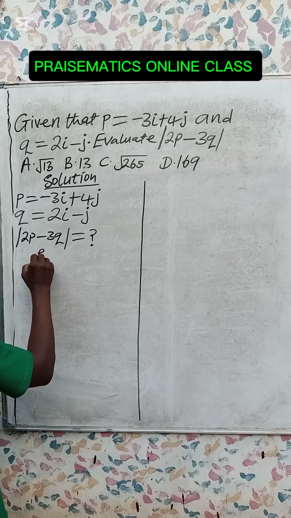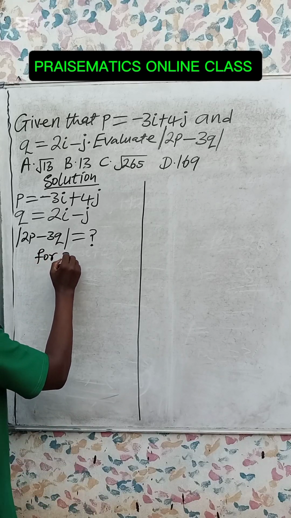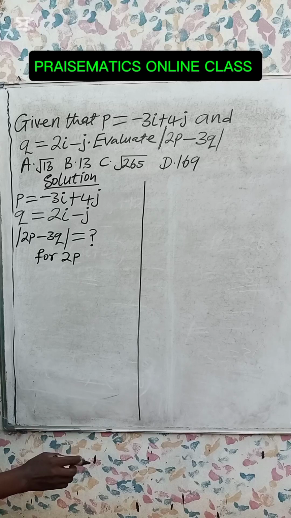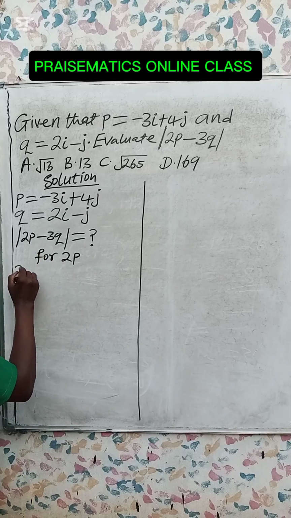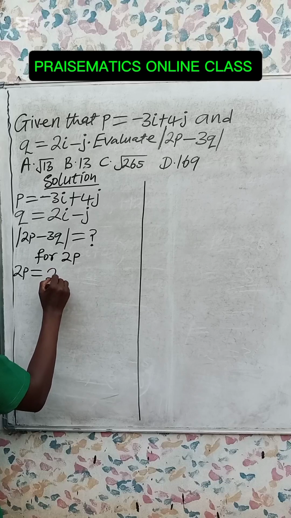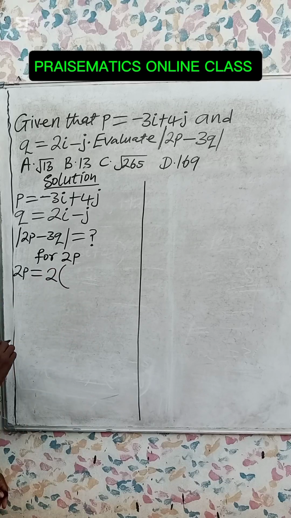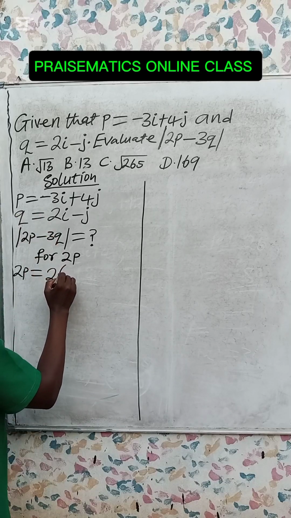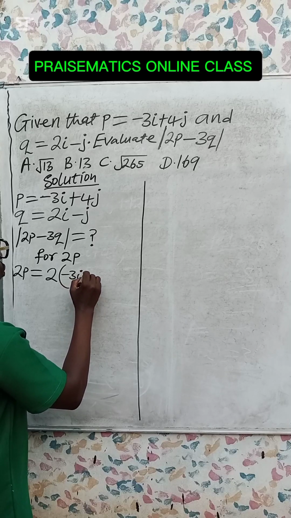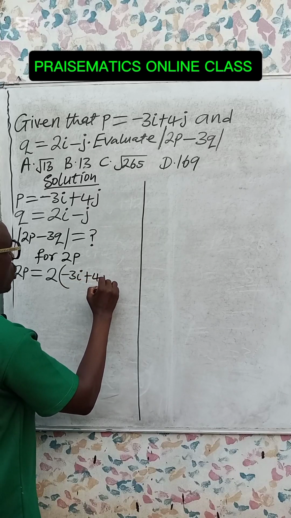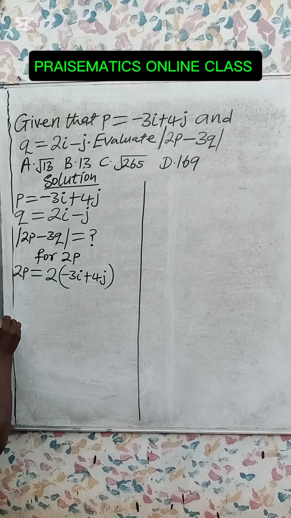First of all, we need to find the value of 2P. The value of 2P equals 2 multiplied by everything called P, and P is given as minus 3i plus 4j.